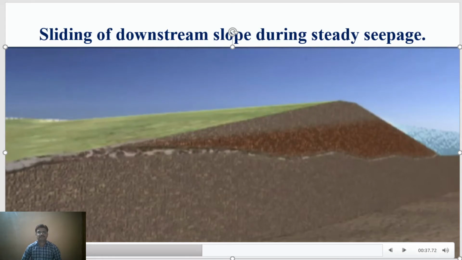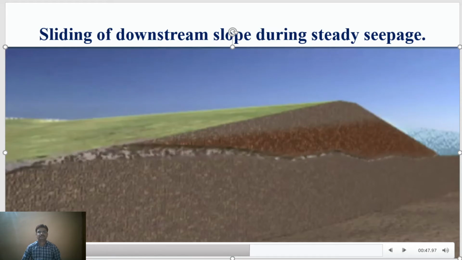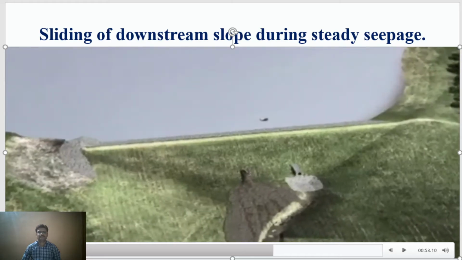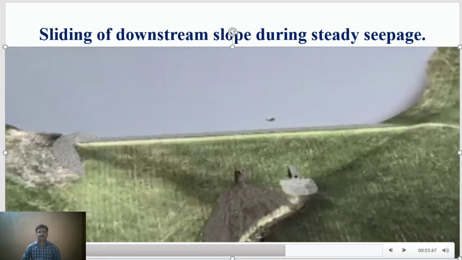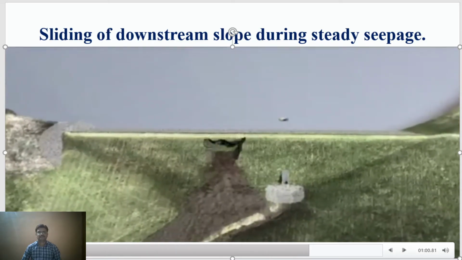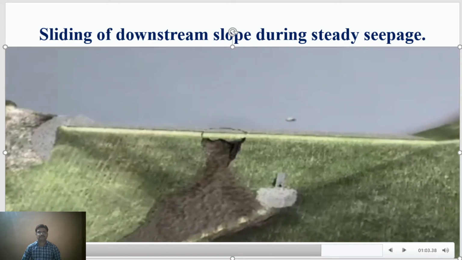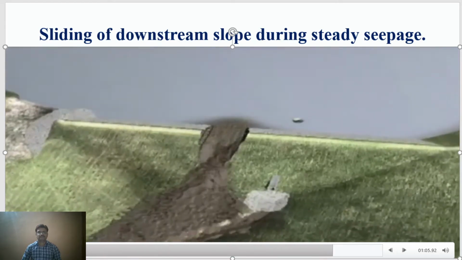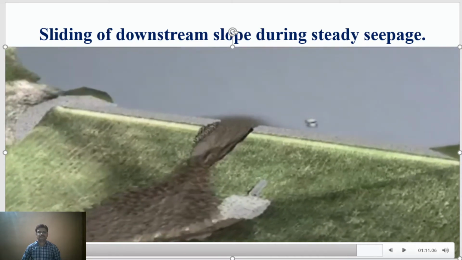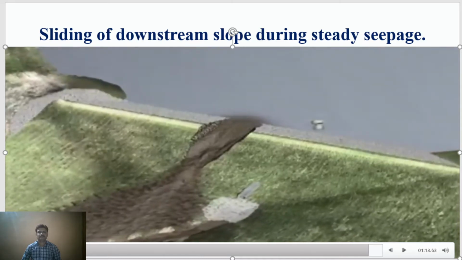This starts at the downstream slope or toe and moves rapidly upstream to the impoundment. This process will tend to accelerate as the expanding larger opening or pipe allows for increased seepage flows. If left unattended, the seepage flow and progressive internal erosion will soon get out of control. When the internal pipe or void becomes large enough, the embankment structure above it will collapse. This will result in a failure of the dam's embankment and a potentially catastrophic release of the stored water, which may cause serious property damage and loss of life.